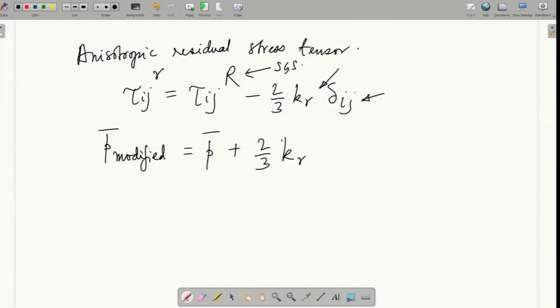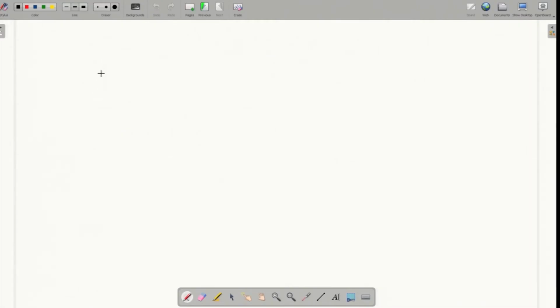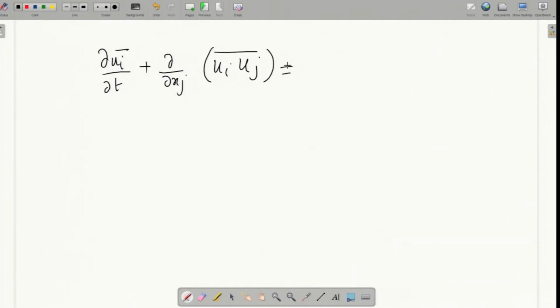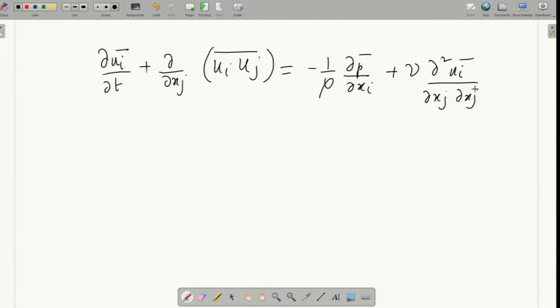Now, having worked out these things, you can go back to the filtered Navier-Stokes equations and you can rewrite them slightly, in terms of tau ij r and tau ij small r.